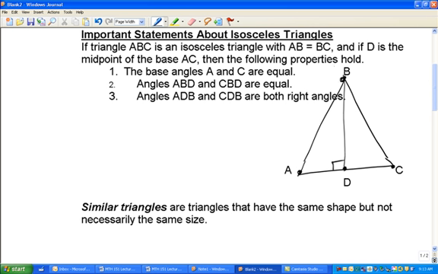The base angles A and C, so we're talking about these angles right here, are both equal. The angles ABD and CBD, so that's this one, are equal. And both of these down here are right angles. And of course, since it's isosceles, the two sides are equal.